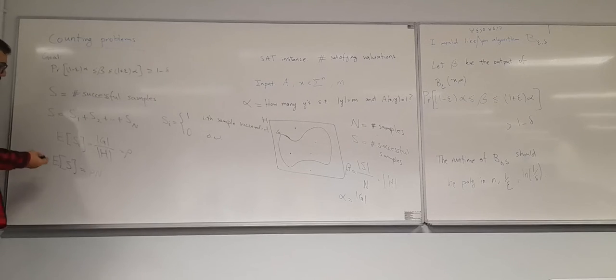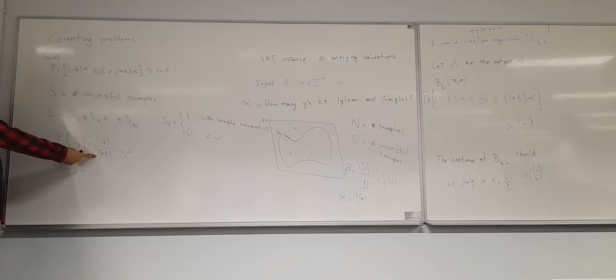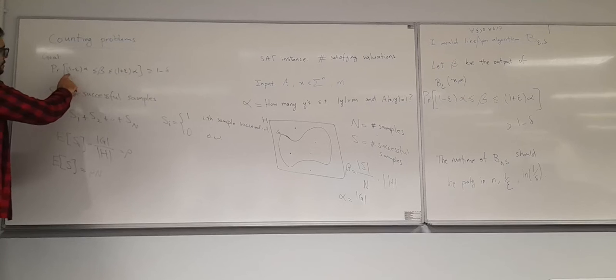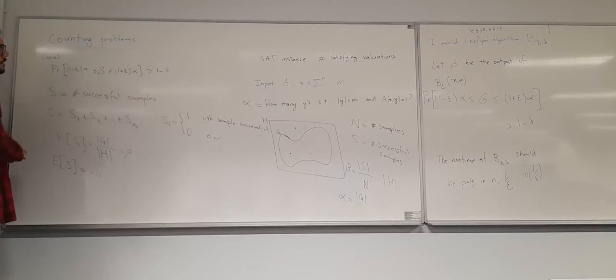Because if each one of these was exactly equal to the size of G over the size of H, instead of just being equal to that in expectation, then I would always get the right final answer. But okay, here the only thing that I know is that I'm going to be right on average, in a sense. So the question that I have to answer is, given that this beta is right on average, it has an expected value that is the same as alpha, right? What is the probability that it's between these two different values?